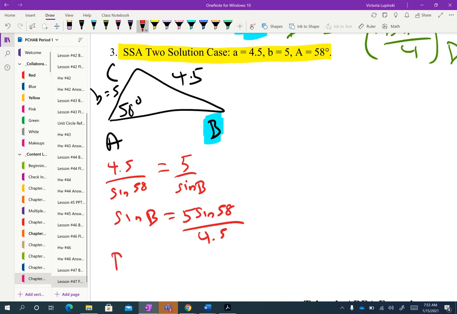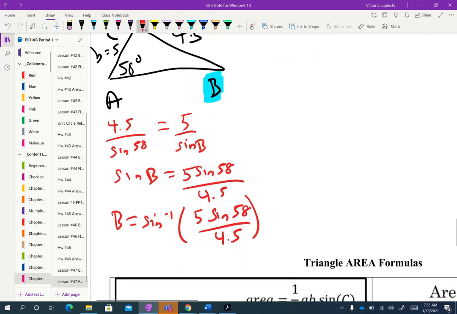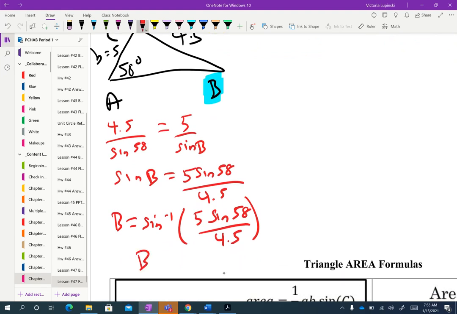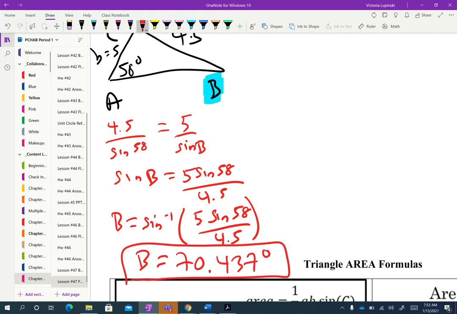If you then do the inverse sine of 5 sine of 58 over 4.5, that is going to tell you that angle B is equal to 70.437 degrees. So because you got an answer, there is at least one triangle.